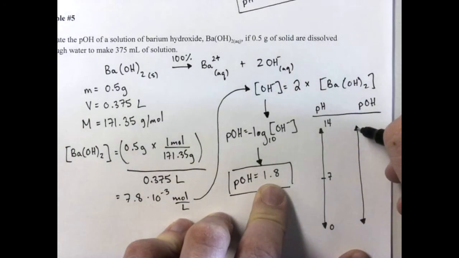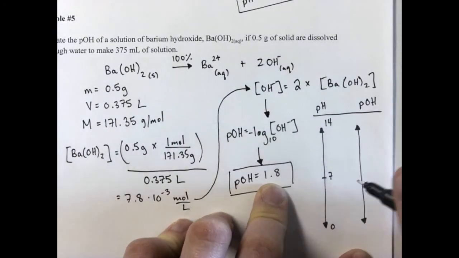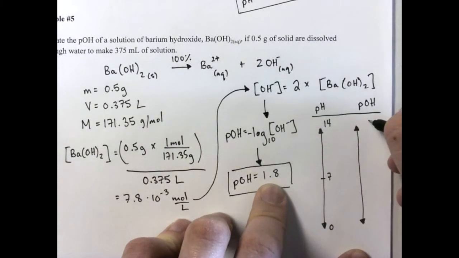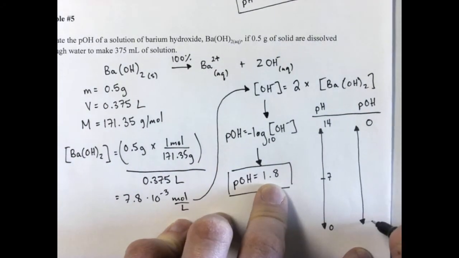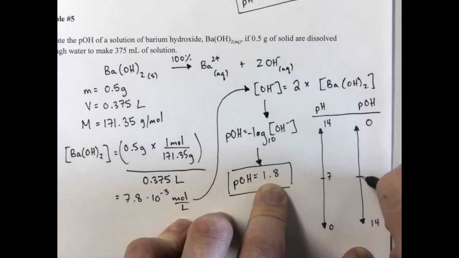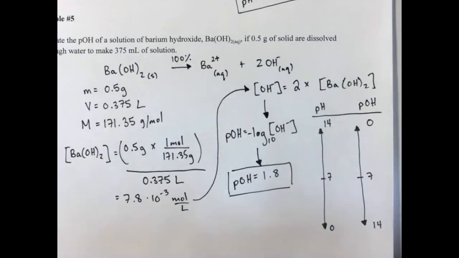So if you have a pH of 14, that's going to correspond to a pOH of 0. So the pOH scale is just like the pH scale, except it's going in reverse. If you've got a really high pH, that means you've got a really low pOH. If you've got a really low pH, it means you have a really high pOH.